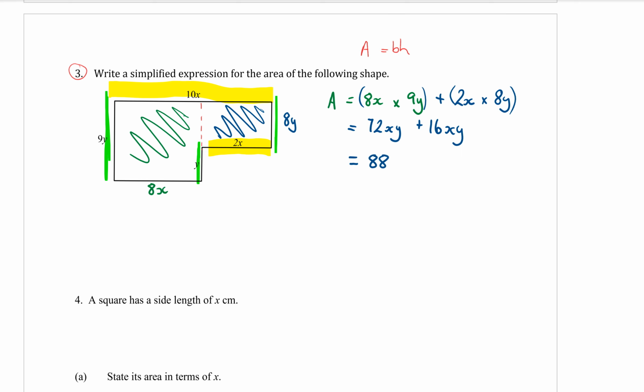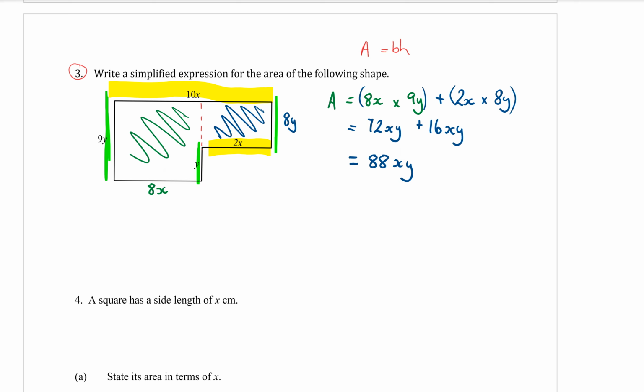But the letters don't change. It's just 88xy. It's only when you're multiplying that an x times an x makes an x squared. This is where you have to be really careful you don't get confused. Multiplying, letters build up. But adding, they stay the same.